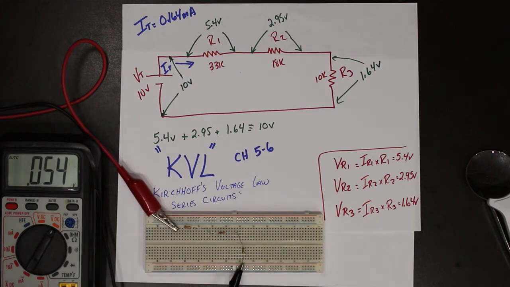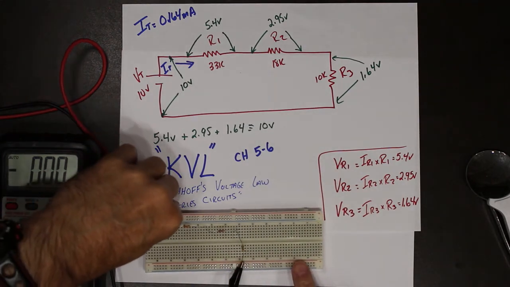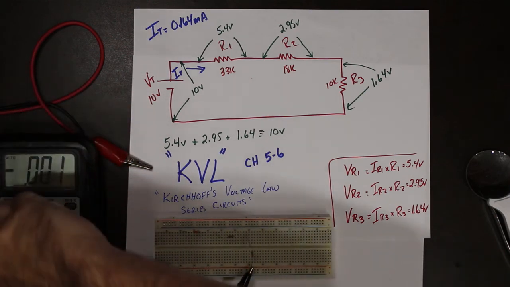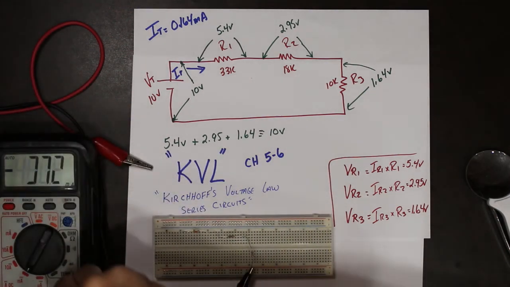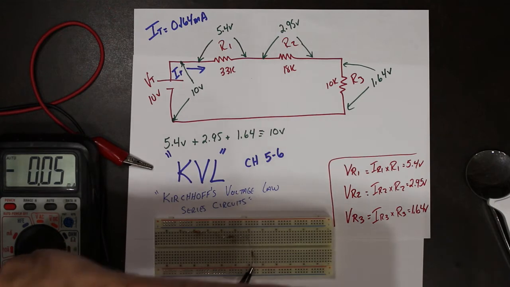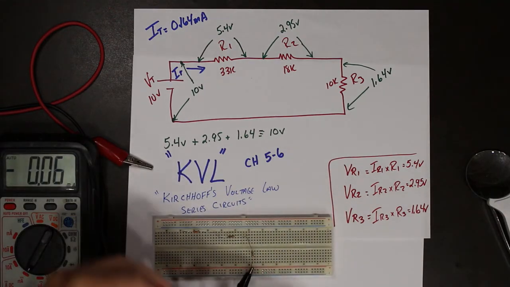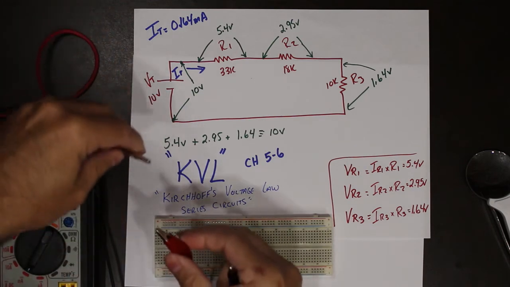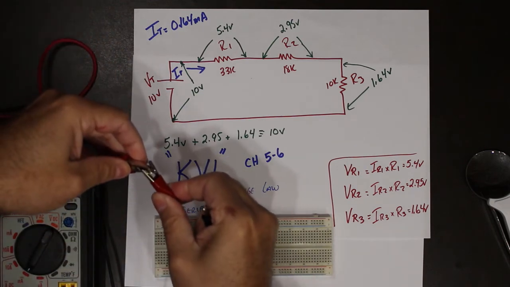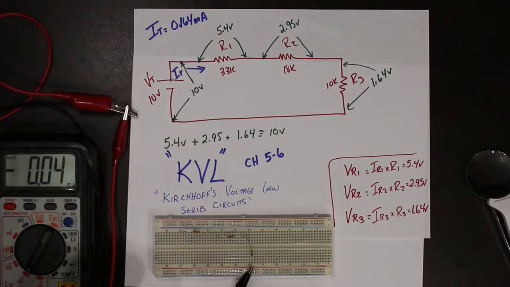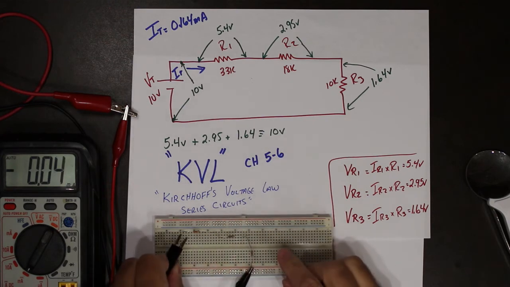So now we'll prove our current. I'm going to break the circuit like we did in the previous. I will set my meter to measure, and we'll try with the milliamps. I might have to go to the microamp scale, but let's give it a try. So now I'm going to put the meter in place so that the electrons leave the circuit, go up and get counted, and then return.